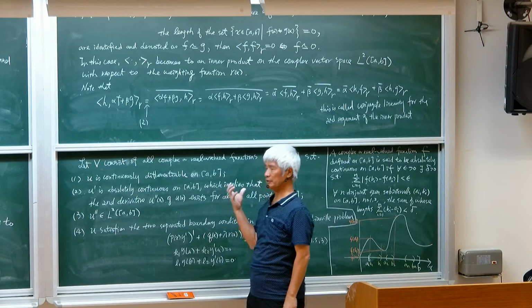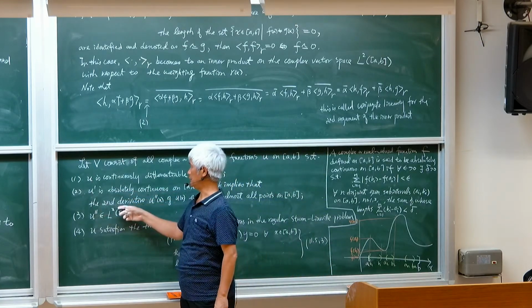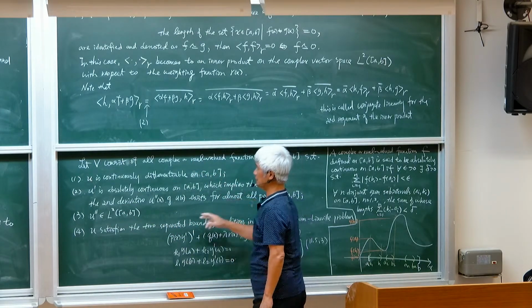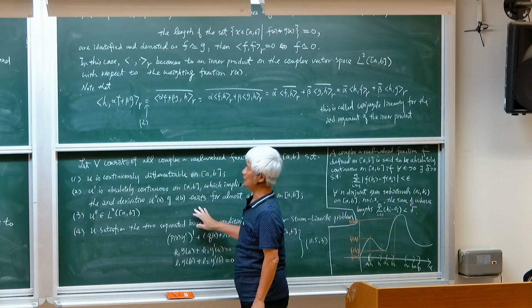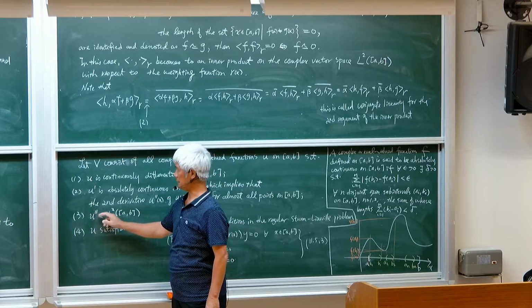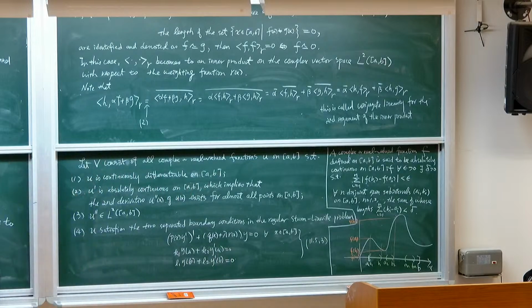We have a stronger condition on the continuity of U prime to make sure that the second derivative exists almost everywhere, and we also ask that the second derivative is in L2.